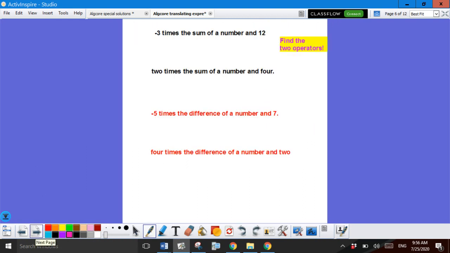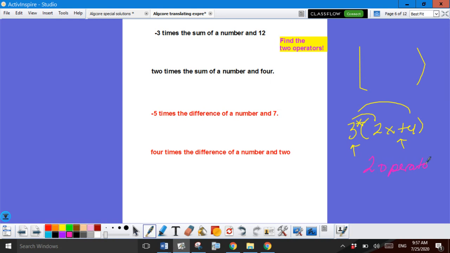Okay, now let's look at ones that have parentheses. So let's think about what this means. What is the 3 doing when I go ahead and distribute? Well, it is multiplying. So in this case, I am multiplying and I'm adding. Those are my two operators.